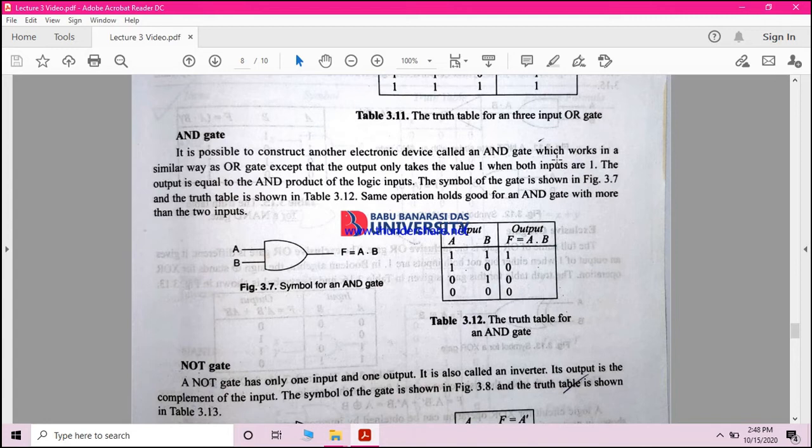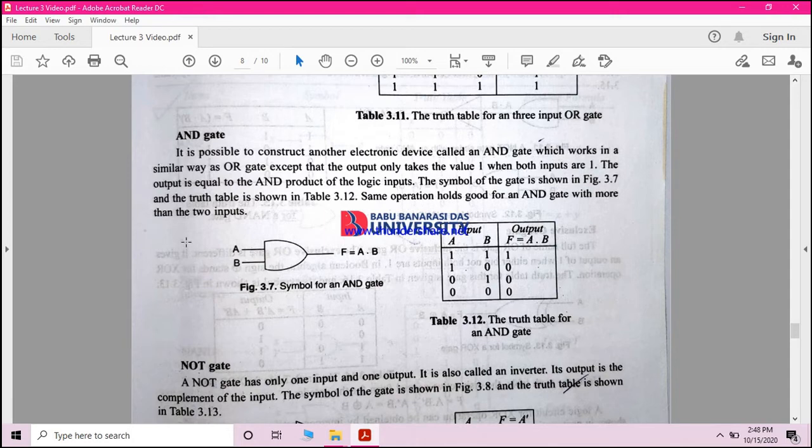As I have already told you, when both the conditions are true, then only your output will be a true value; otherwise, in all the cases it will be 0. The output is equal to the AND product of the logic inputs. The symbol of the gate is shown in this figure.